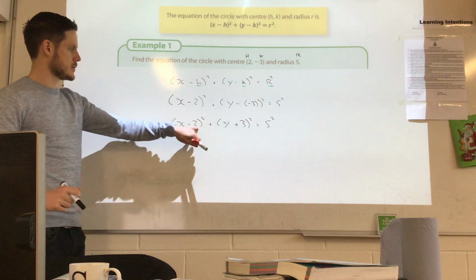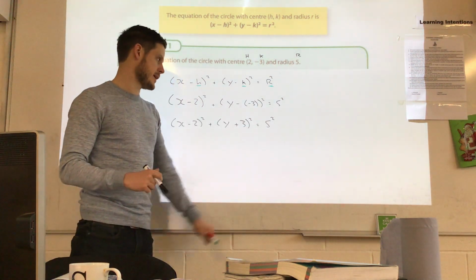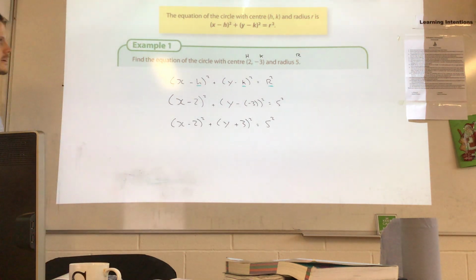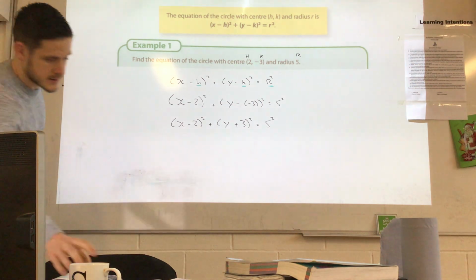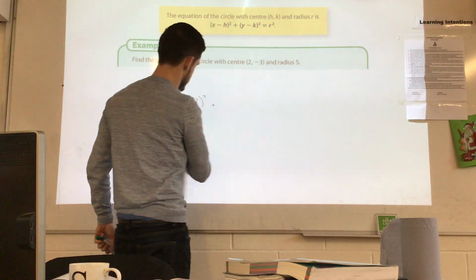So there's no need to multiply out these brackets. If you multiply out the 5 squared and make it 25, that's okay, but we can leave it in that form there. A lot of the time it allows us to leave it in that form. So that's the basics there for writing out the equation of a circle with a centre that's h and k, so not 0, 0. Let's move on and have a look at a slightly different variation of the question.